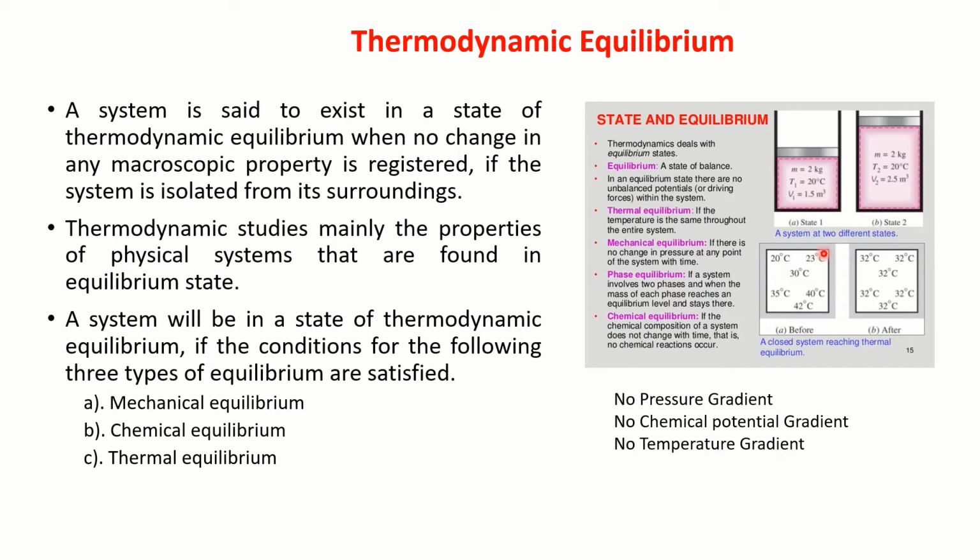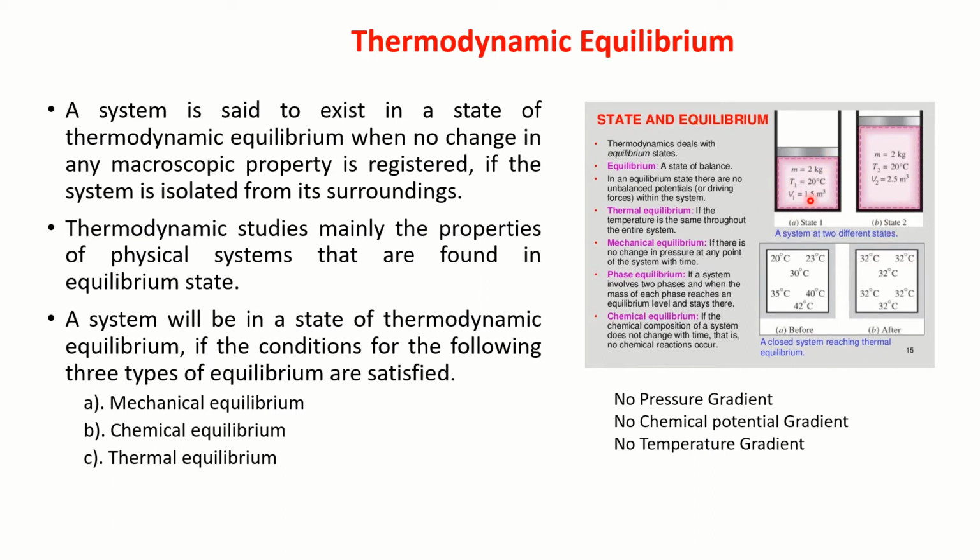For example, if in the system one place is at 20 degrees, another 23 degrees, another 30 degrees, there is a temperature gradient. So definitely heat will flow from the high temperature region to the low temperature region till it all becomes the same. So this is in thermal non-equilibrium, and this is in thermal equilibrium. Suppose if these two are not in equilibrium, then definitely this will move till equilibrium is achieved.